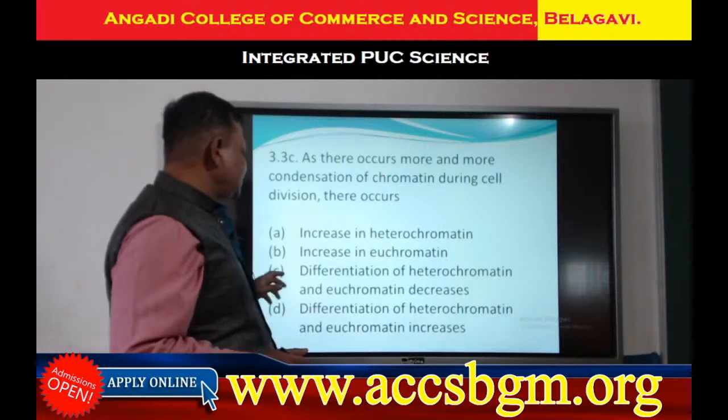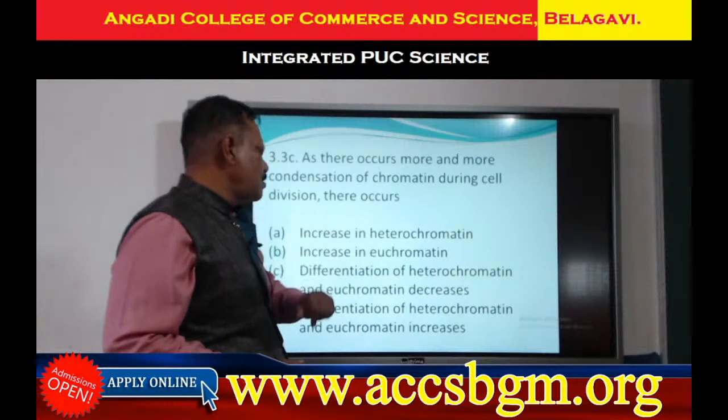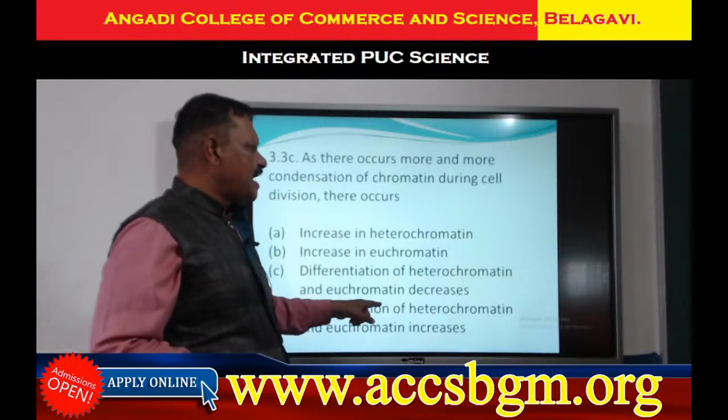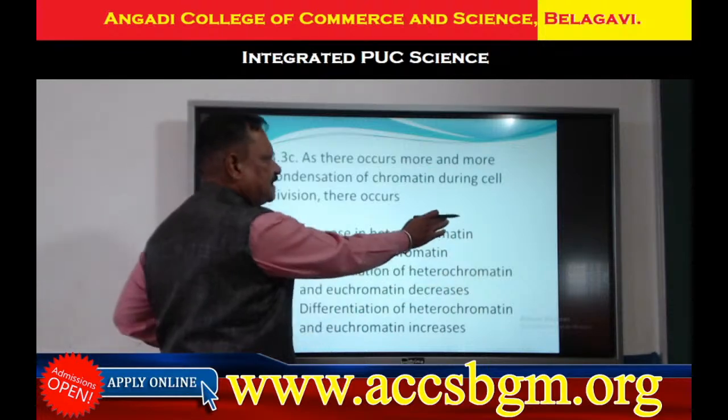Here option C, differentiation of heterochromatin and euchromatin decreases, is the correct one.